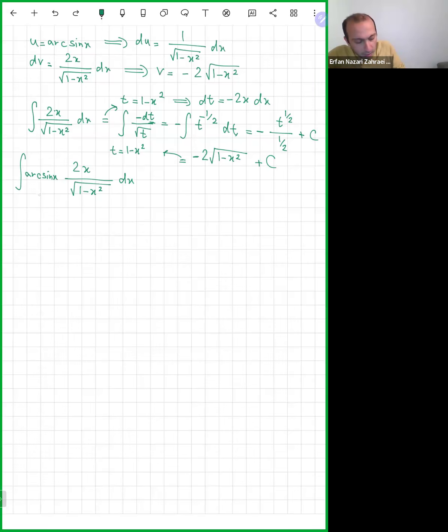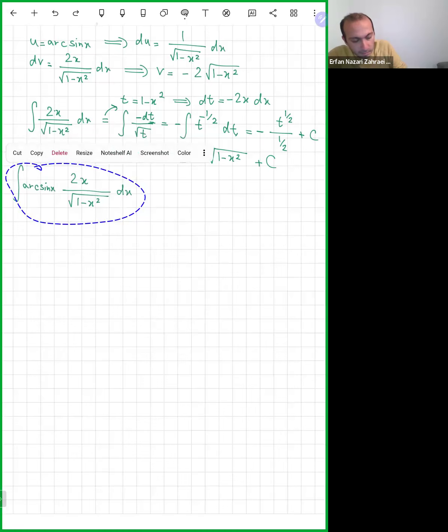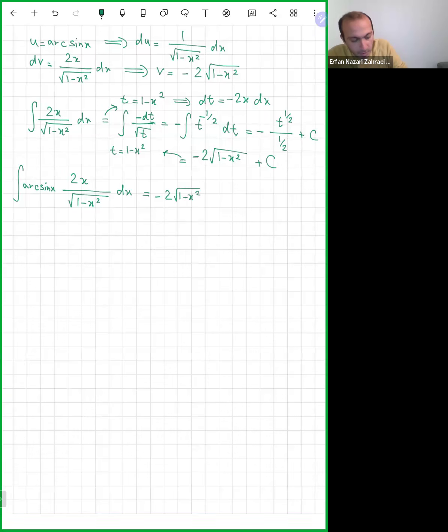Now applying integration by parts to this integral. So I have uv. This is minus 2 root 1 minus x squared arc sine x.